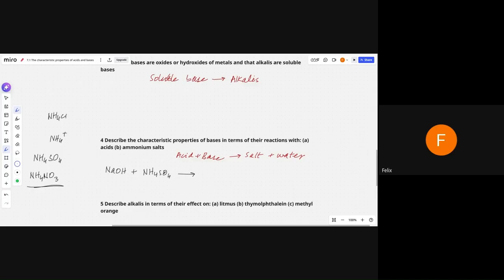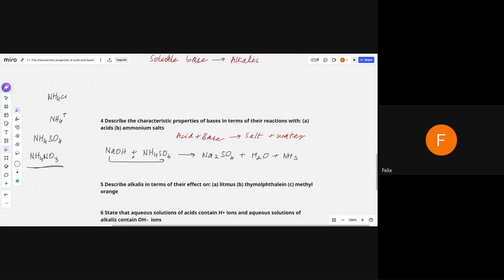That is going to make sodium sulfate, Na2SO4, a salt, plus water and ammonia, NH3, right?